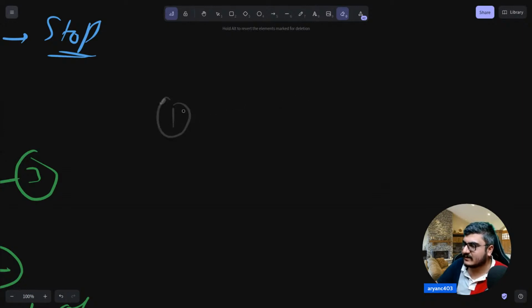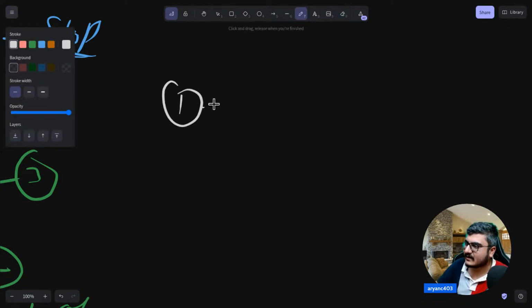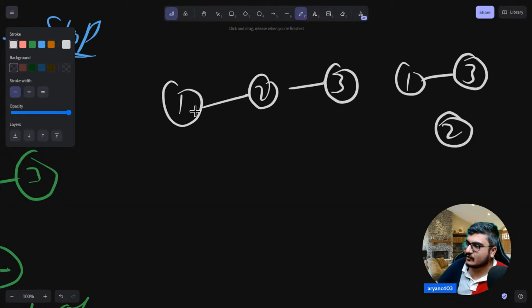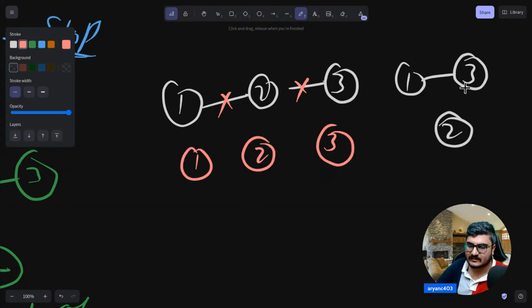Alternatively, you may miss out on a graph like this: 1 2 3, 1 3. In the same sample you won't add any edges because 1 and 3 are in the same connected component right now, and 2 is also in the same component. And when you end up deleting some edges, you will end up deleting these two, and now 1, 2 and 3 are in different components, but you need them in the same component. And essentially that's the problem here.